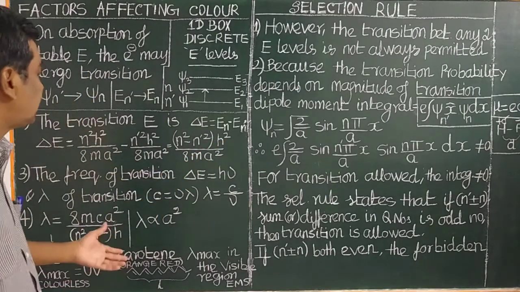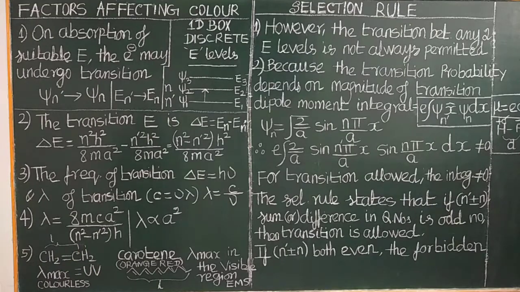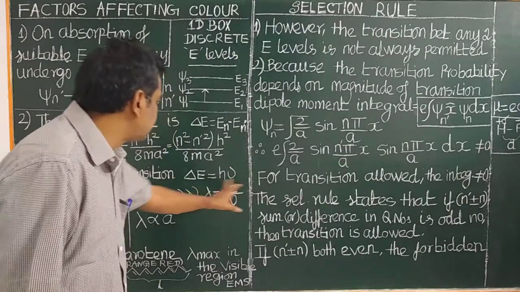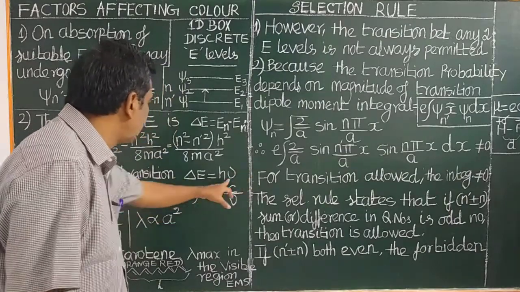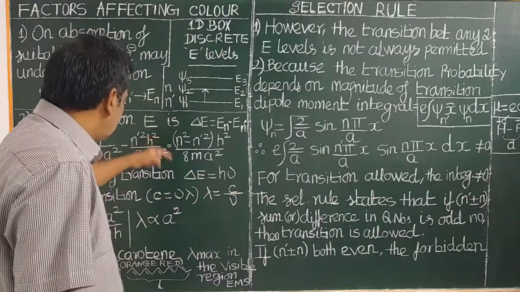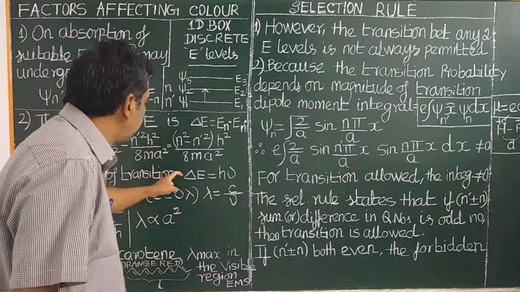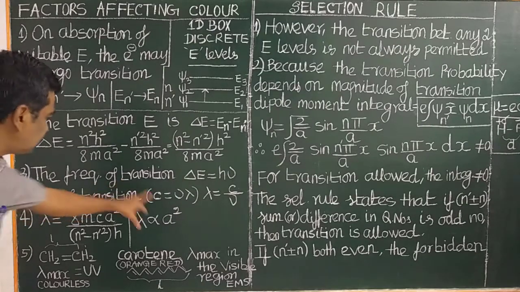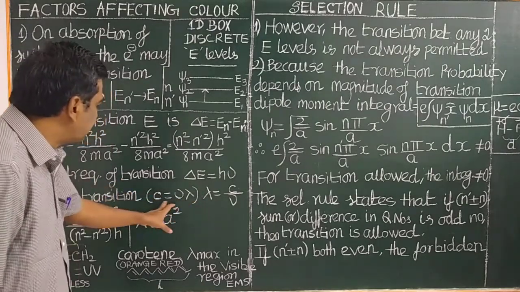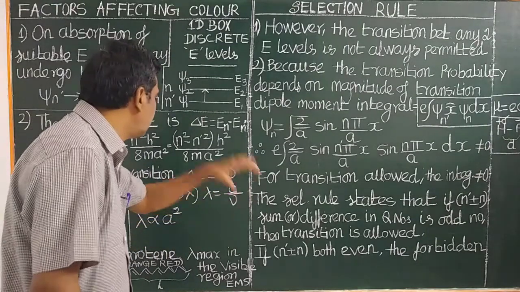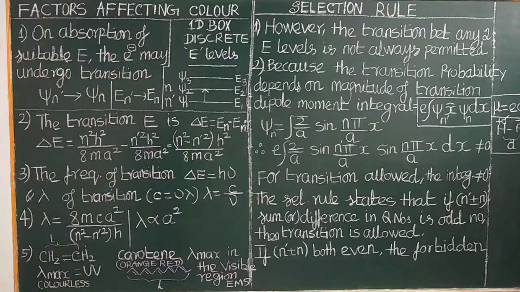The frequency of the electronic transition is calculated by using the Planck equation, delta E is equal to h nu, therefore nu is equal to delta E by h. Since we know delta E, you substitute here, and the frequency of the electronic transition can be calculated. Similarly, the wavelength of the transition is obtained by using the relation c is equal to nu lambda, lambda is equal to c by nu, where c is the velocity of light.